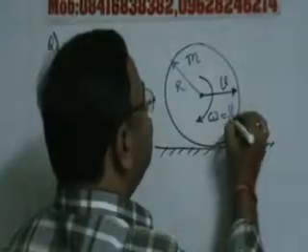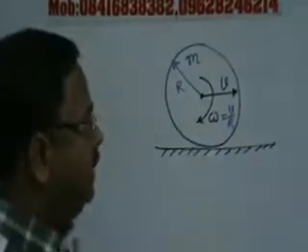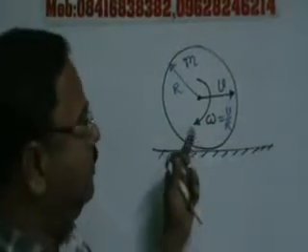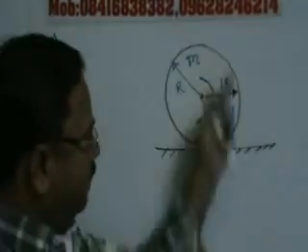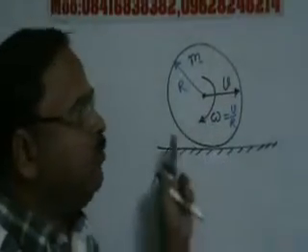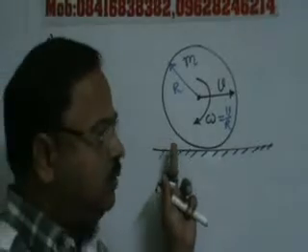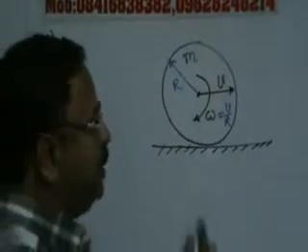This omega is in clockwise direction, which is shown in the figure. Now find the magnitude of total angular momentum of the disc about bottommost point O of the disc.